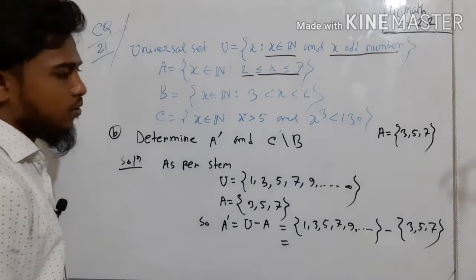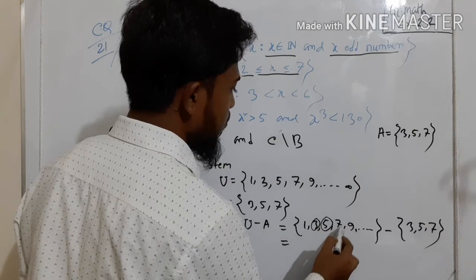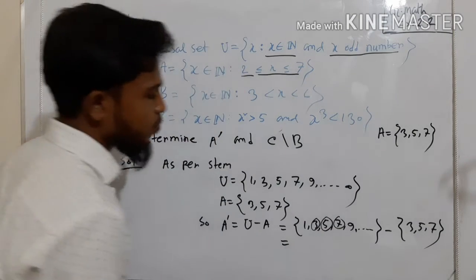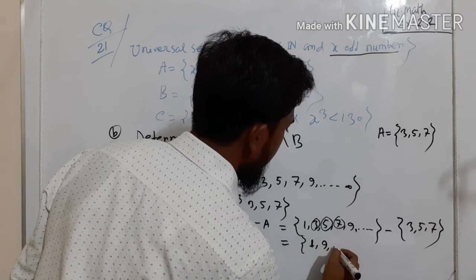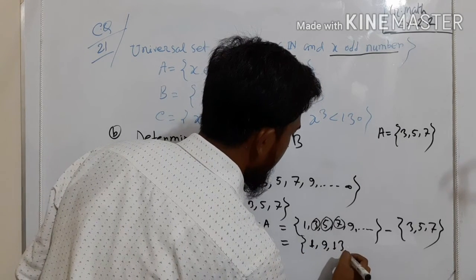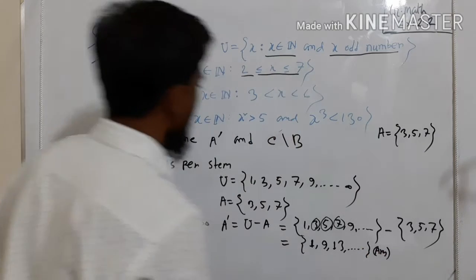So 3, 5, 7 delete from this part. So we can write {1, 9, 11, 13, ...}. This is our answer.